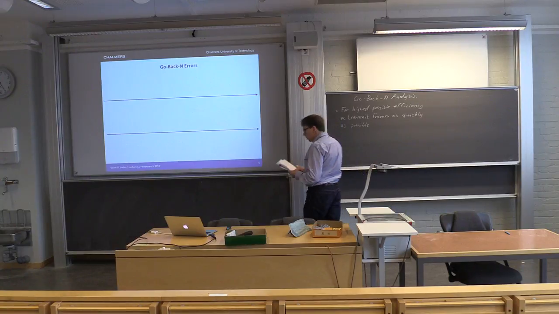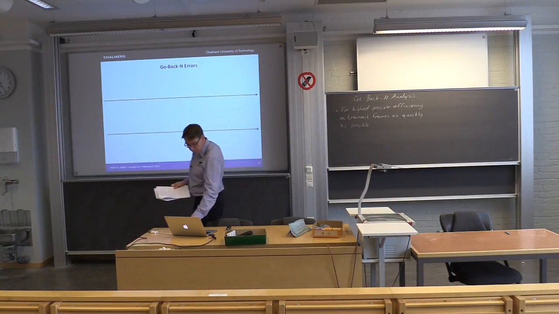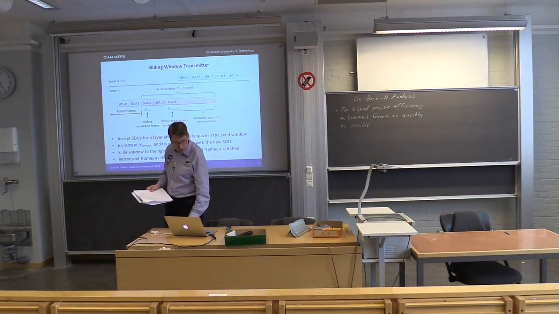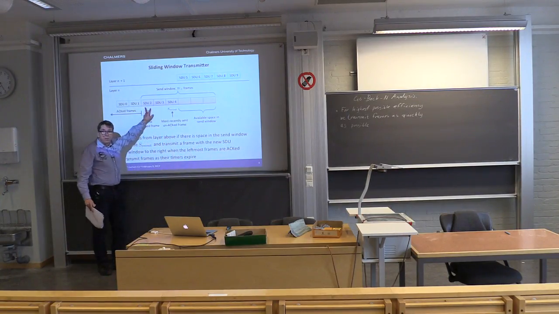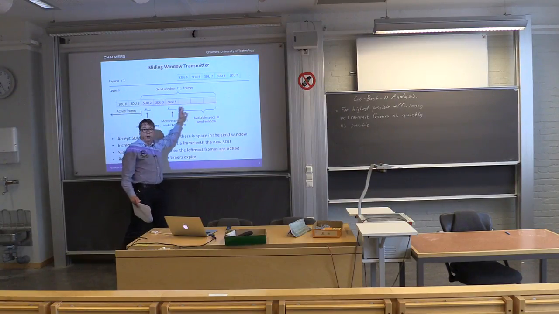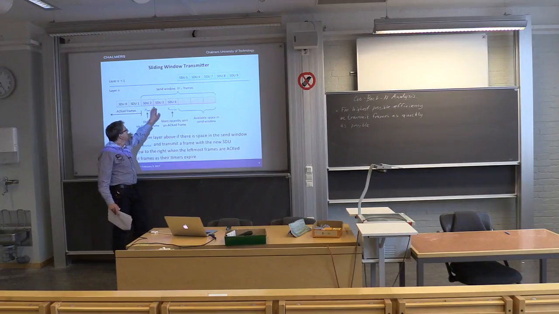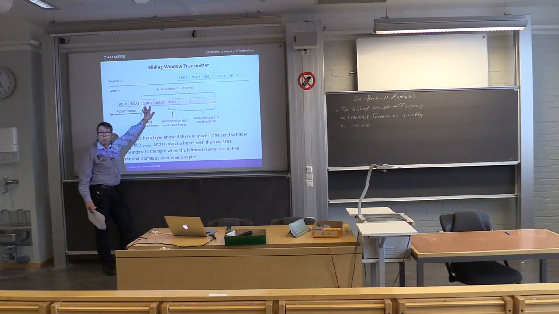Okay. So how do we ensure this? Well, if we go back to the transmitter here, how many transmissions we can have ongoing depends on the size of the send window. So if the send window is only one frame, then we are essentially back to stop and wait.